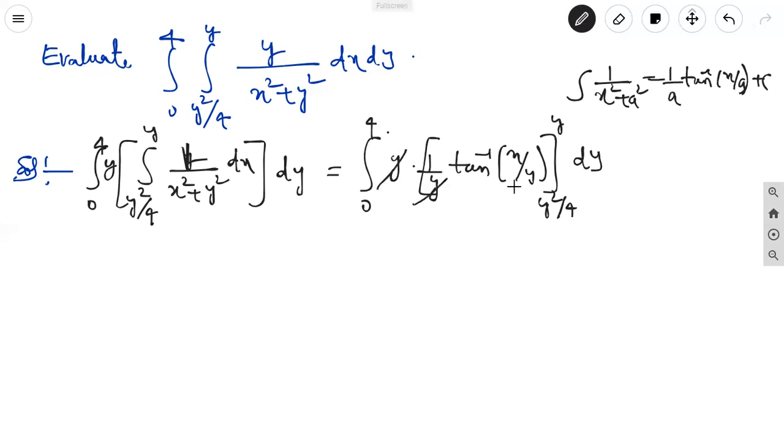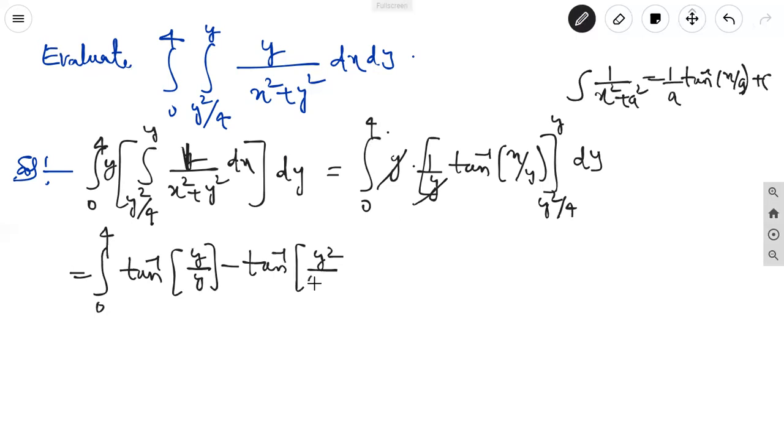Here this y gets cancelled. It is equal to integral 0 to 4 of tan inverse, upper limit is y by y, minus tan inverse, lower limit is y square by 4 into y, whole dy.